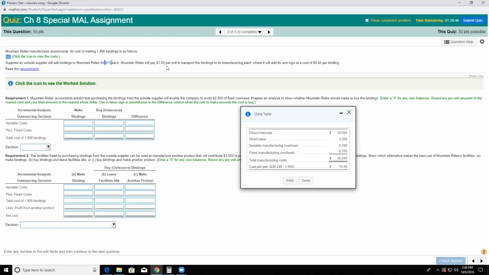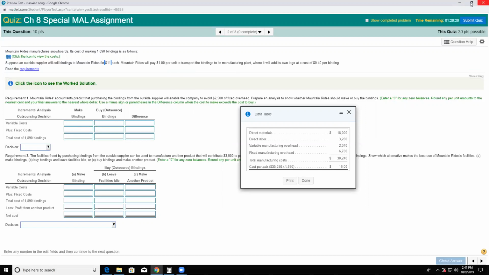This is the first thing you have to make sure of: it's not just the purchase price. You have to also pay transportation and the extra cost to put on your logo. So the variable cost of buying each one is 11 plus 1 plus 0.4.